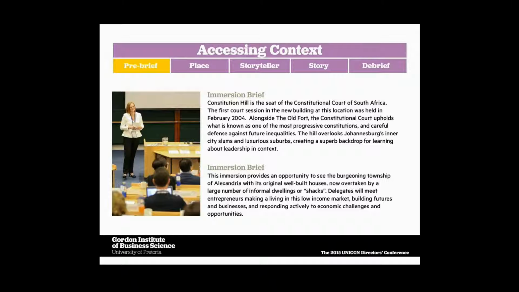The second part of the pre-brief is that every facilitator made sure there was a set of rules of engagement, if you like, or how to be. So, for instance, we find with a lot of our engagements, if our executives and managers are exposed to extremely poor environments, they feel the need to assist.